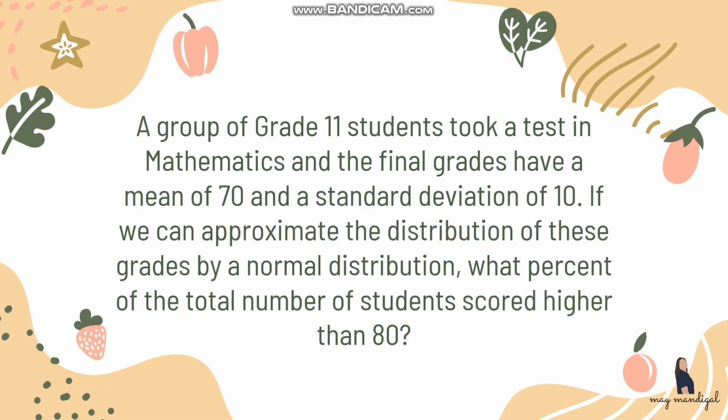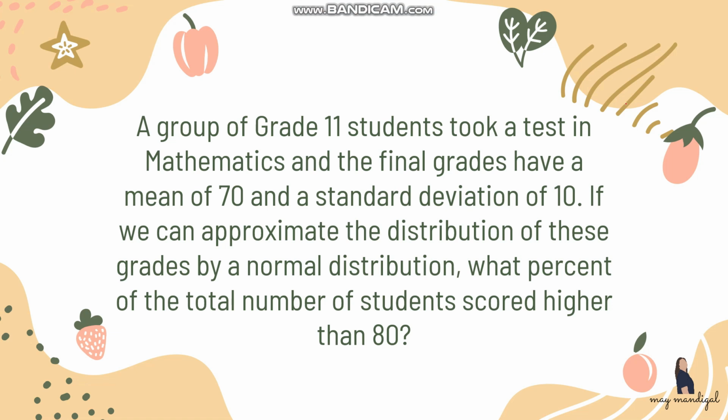And for our last example, a group of grade 11 students took a test in mathematics and the final grades have a mean of 70 and a standard deviation of 10. If we can approximate the distribution of these grades by a normal distribution, what percent of the total number of students scored higher than 80?